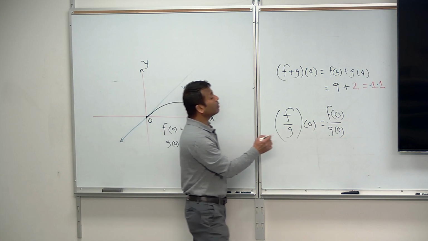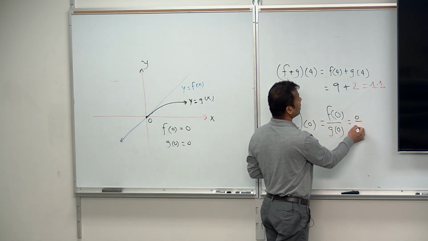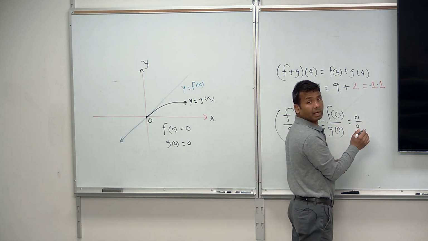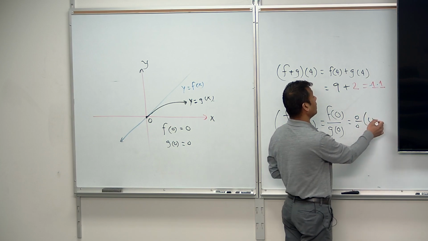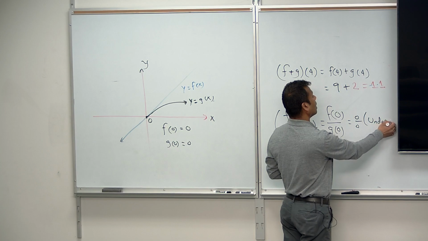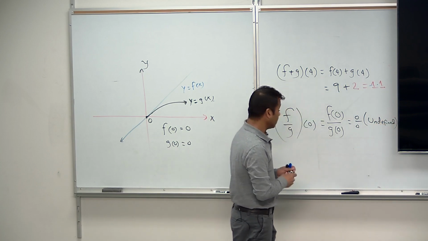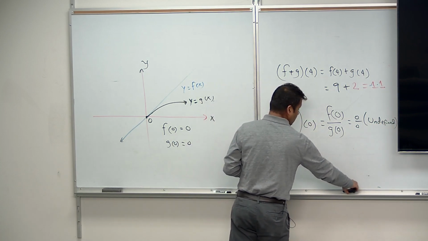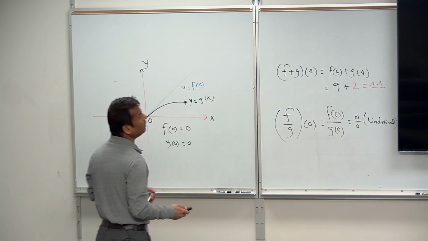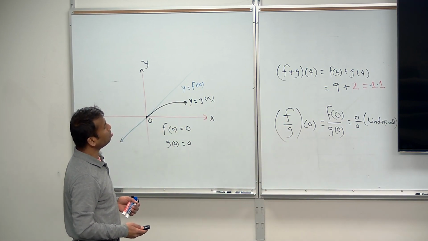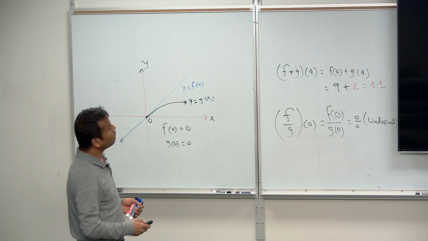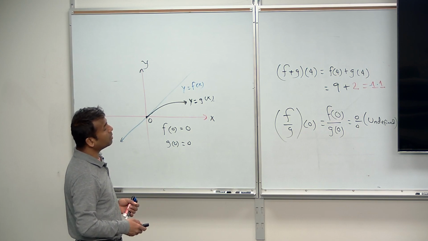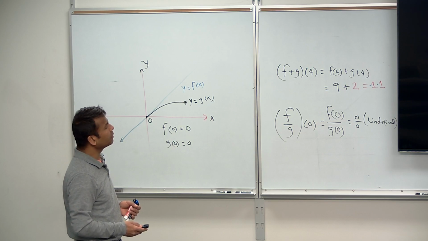So now you see this is going to be 0 over 0. Is that right? What is 0 over 0? Undefined. Does that make sense? So f over g of 0 is undefined.